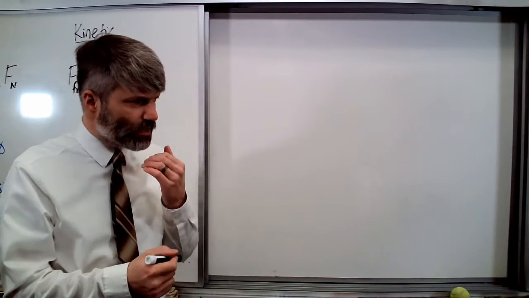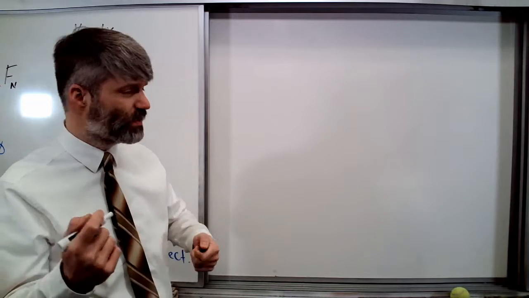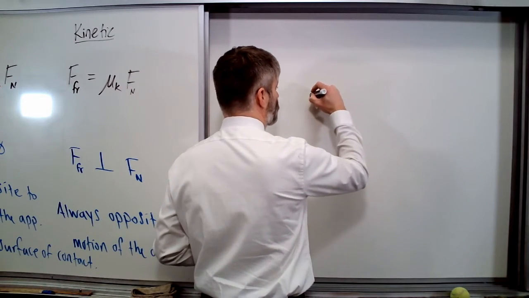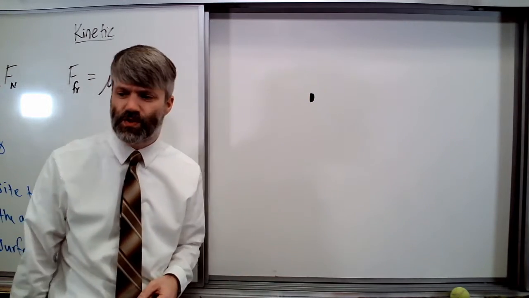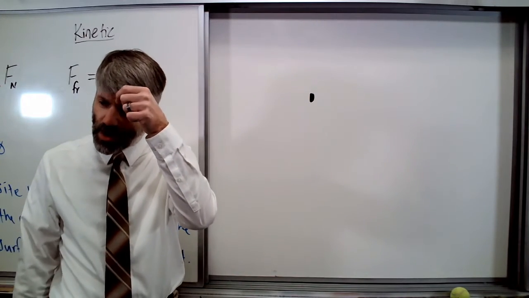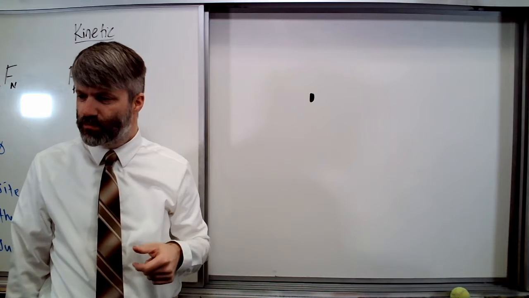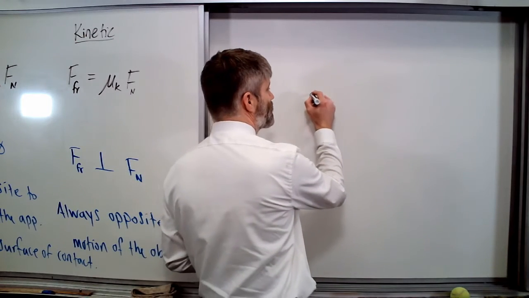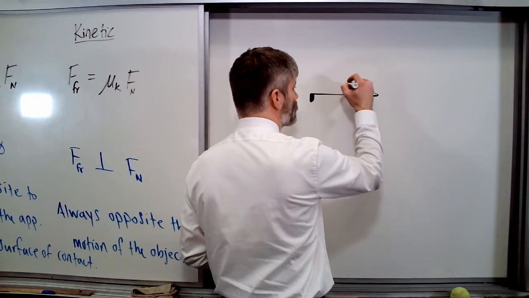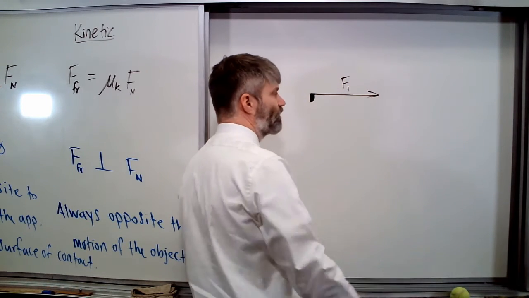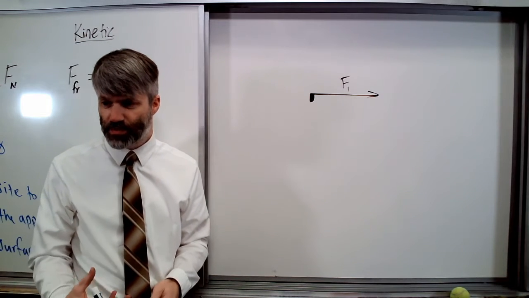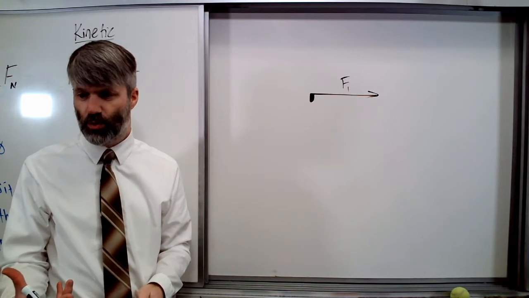So let's first draw our free body diagram of the situation. We've got the crate, remember, just a dot. One worker pushes forward with a force of 380 newtons, so we've got a force in this direction, I'll call that F1, that is 380 newtons, while the other pulls in the same direction with a forward force.